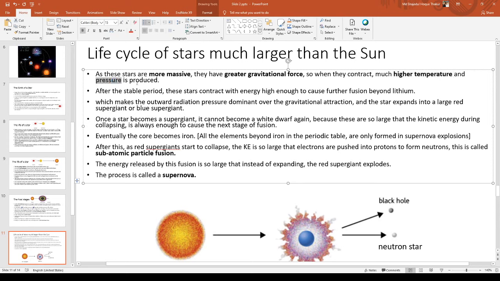And since the temperature and pressure are much higher, therefore the next stages of fusion beyond lithium are also triggered.